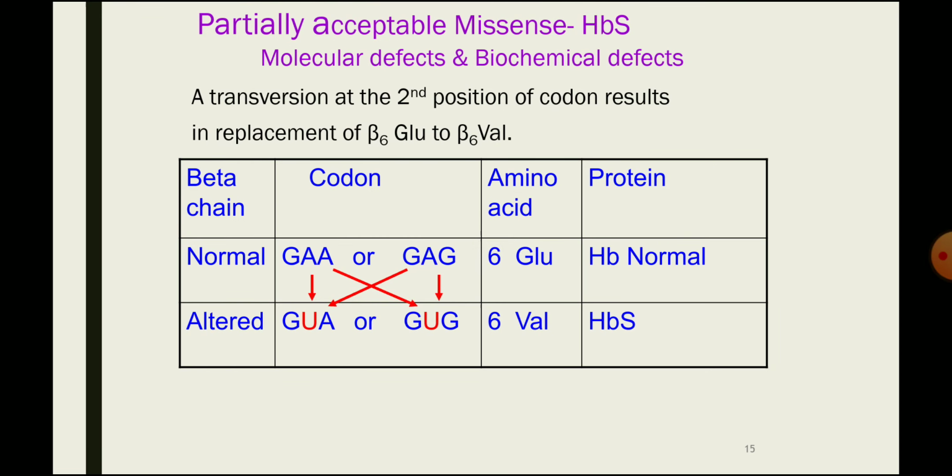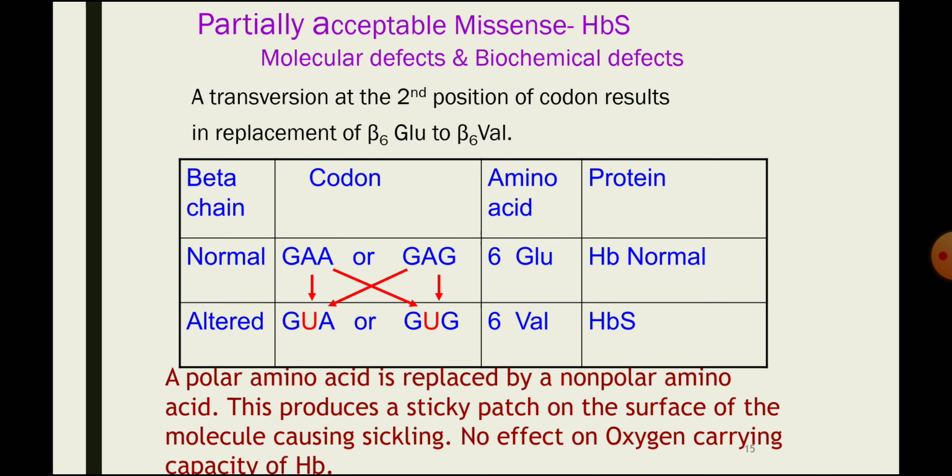So this part we have to explain in detail by drawing the codons and all. You know glutamic acid is a polar amino acid. The polar amino acid is replaced by the non-polar valine. This produces a sticky patch on the surface of the molecule, causing sickling.